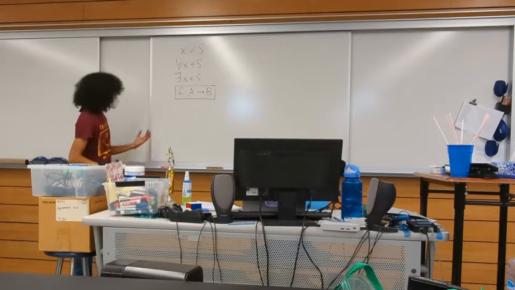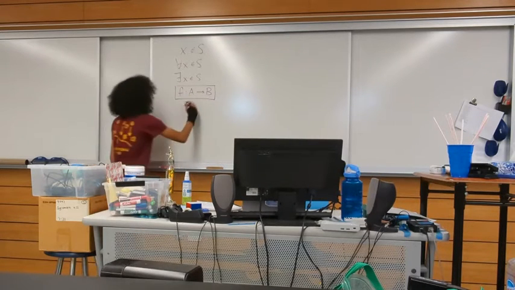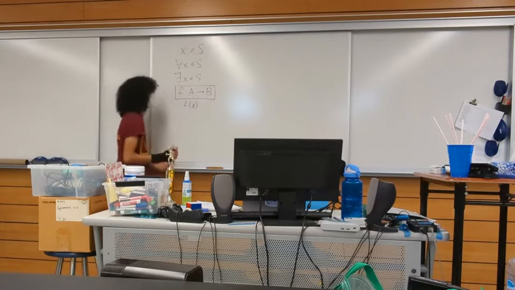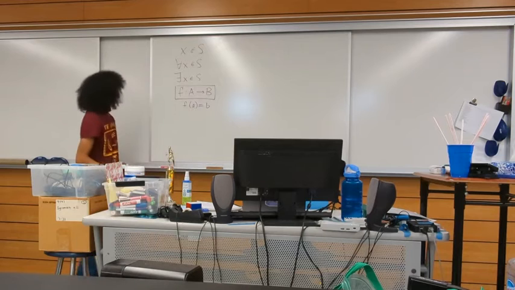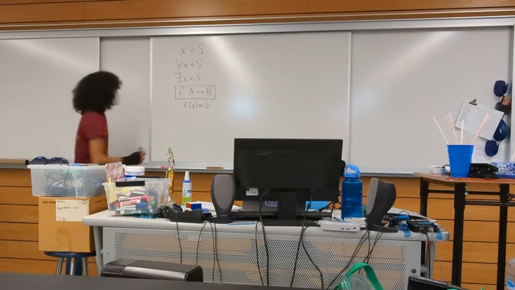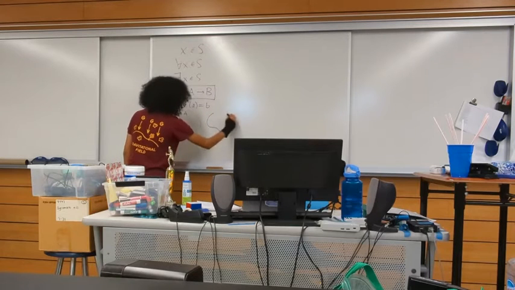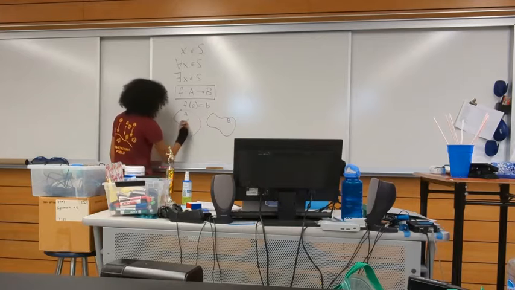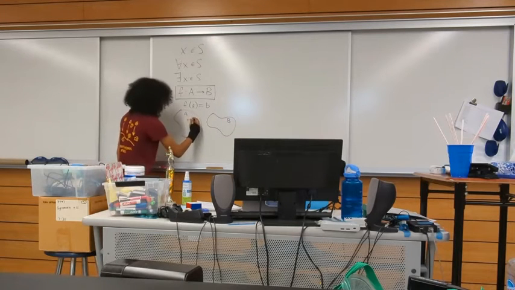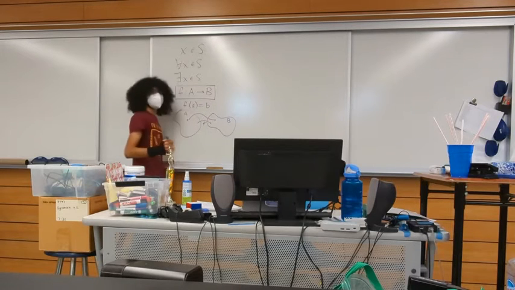What's happening is that this function takes in an element of the domain and then maps it to an element of the range. We'll call that little b. We can have this visual idea of this being the set A, this is the set B, and this little a is an element of this, and then what the function does is associate it to this point, which is little b.